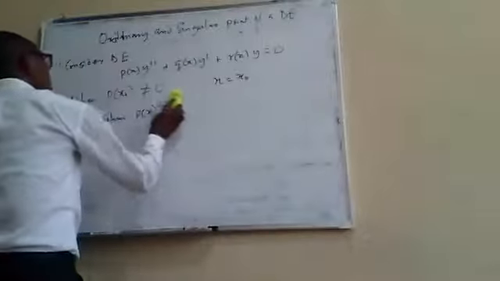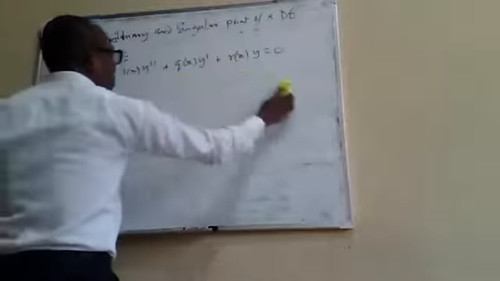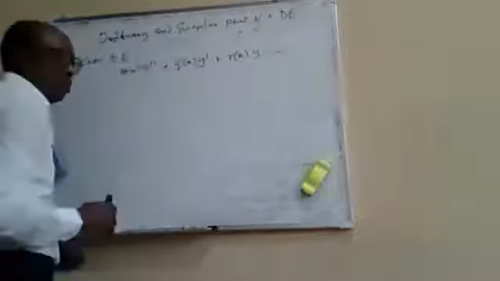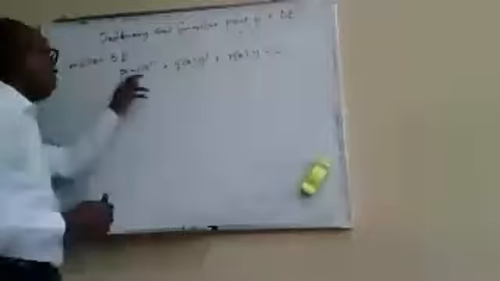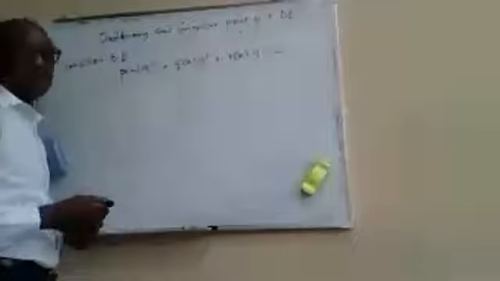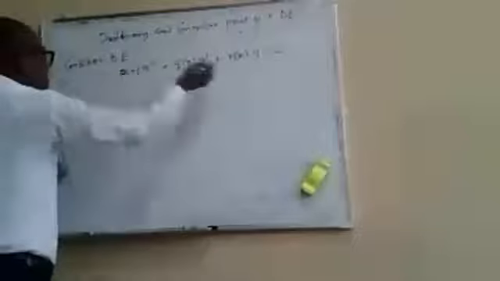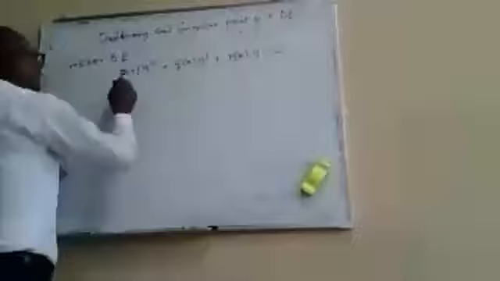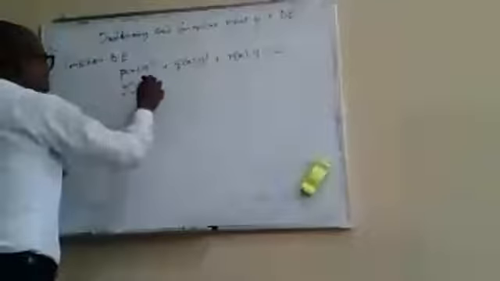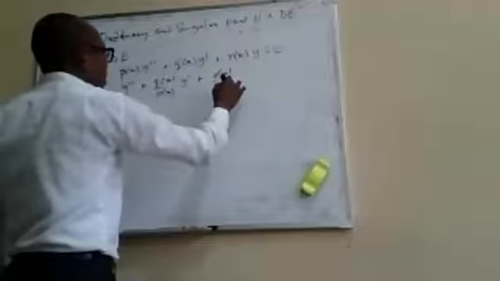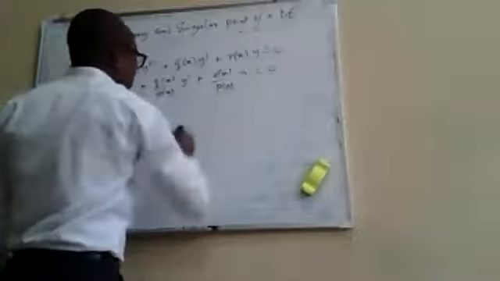Now, for us to solve any differential equation using the series method, we are still going to consider this particular equation, P of S y prime prime, a second order differential equation. If I divide through by P of S, we have y prime prime plus Q of S over P of S y prime, plus R of S over P of S y equal to 0.